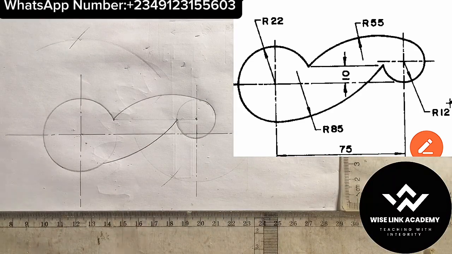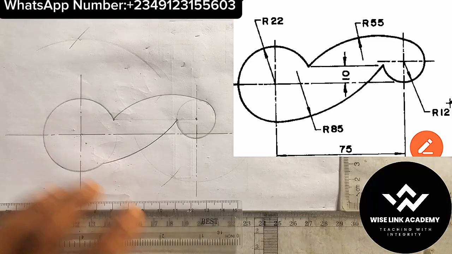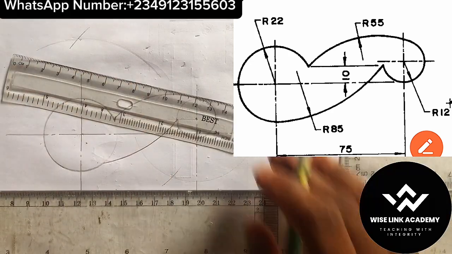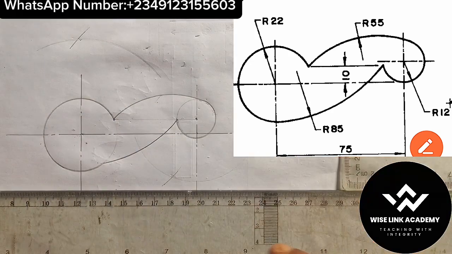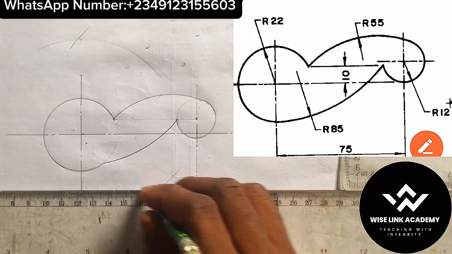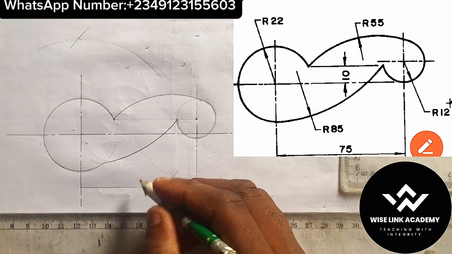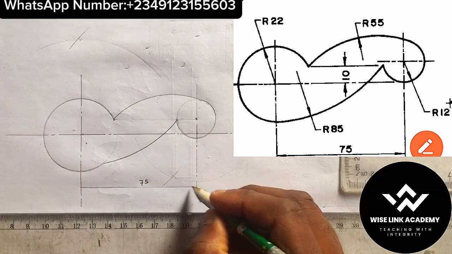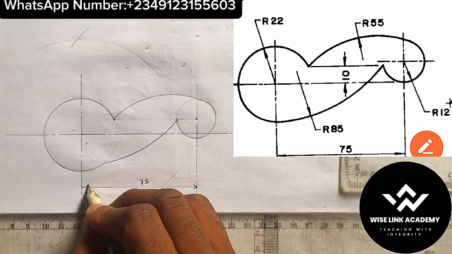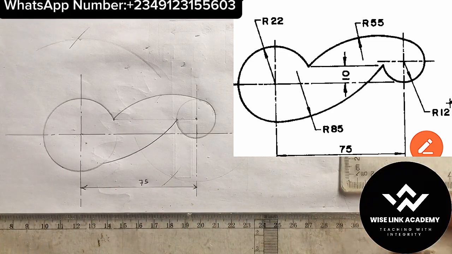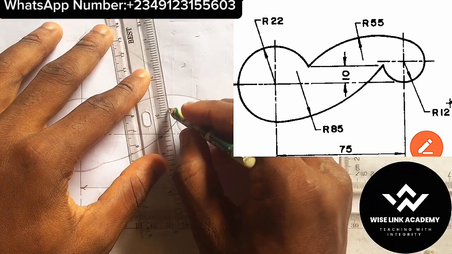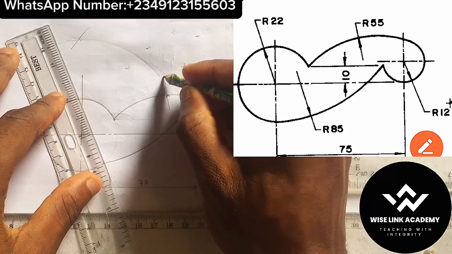What's my next task? Get that dimension. What's my dimension? We know that from here to here is given as 75. So I have 75. Next up, here is given as R55.